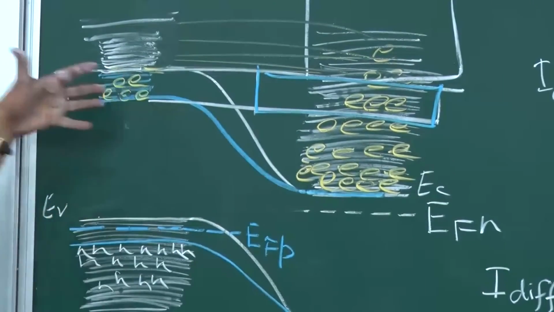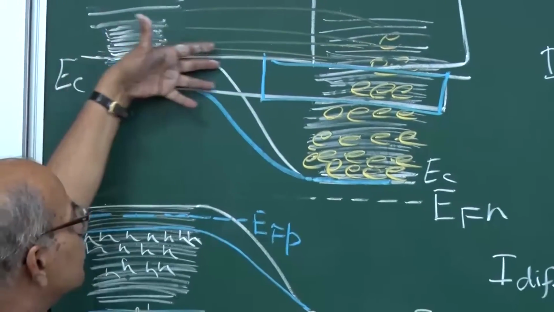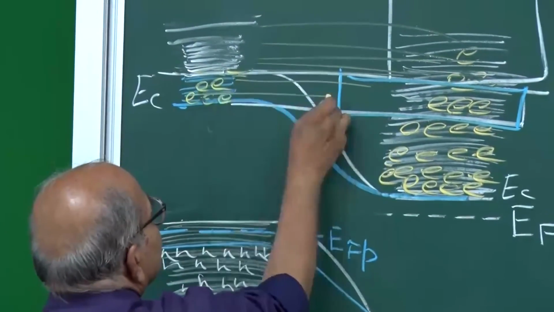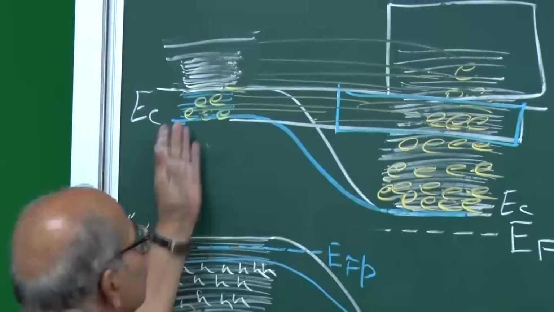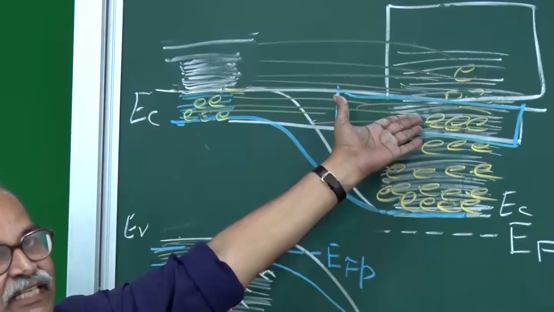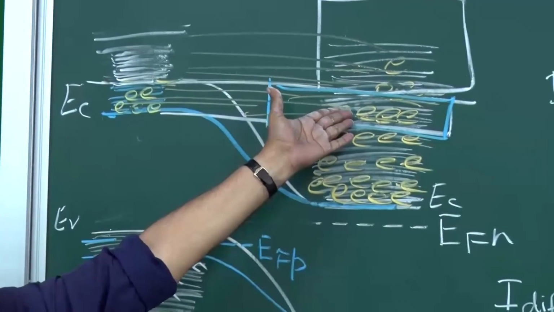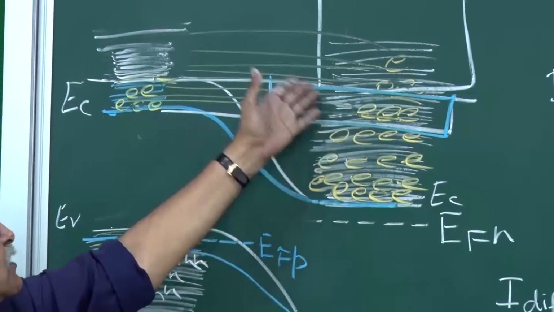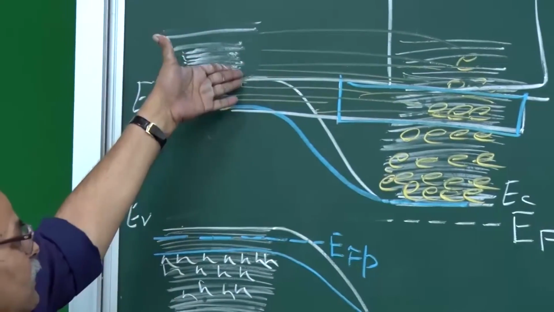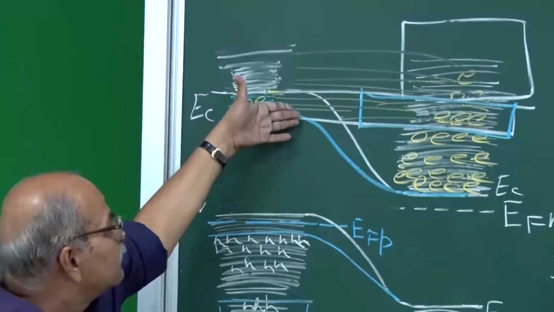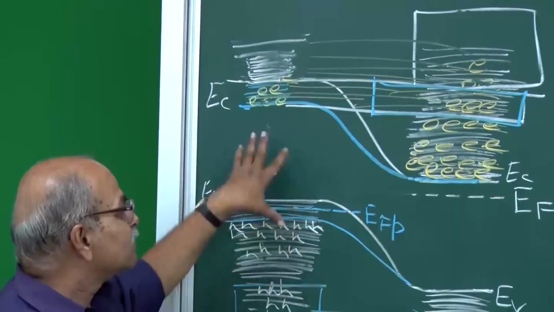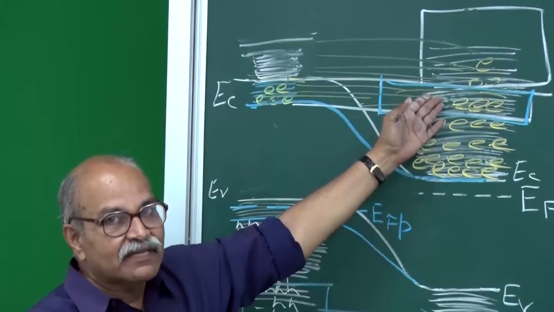If the electric field pushes these electrons to this side, there is no problem. You have quantum states all over here, and therefore they can go in the same fashion. So for drift of minority carriers, this change in the potential barrier or energy barrier or shift in the band is not going to affect.